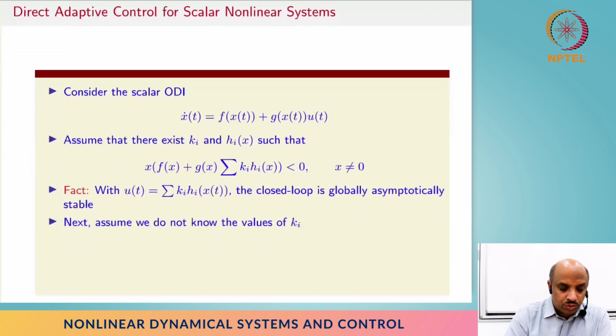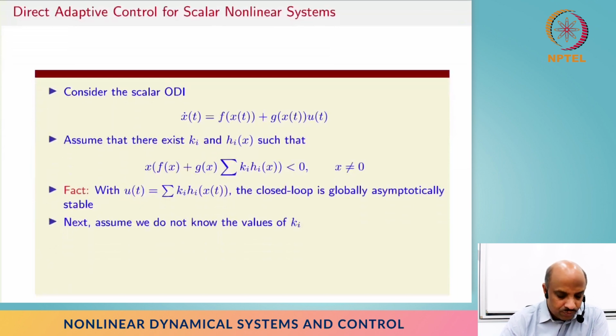I would welcome you to solve that: take x square, take V dot, and you'll get x times x dot, and x dot is f plus gu, and then u is chosen to be this, and using this assumption we can show that this is asymptotically stable, right?